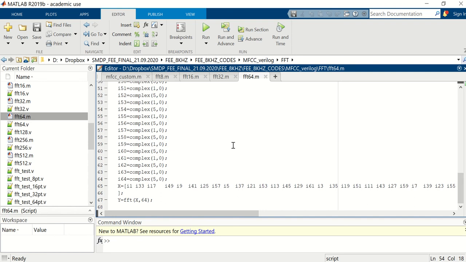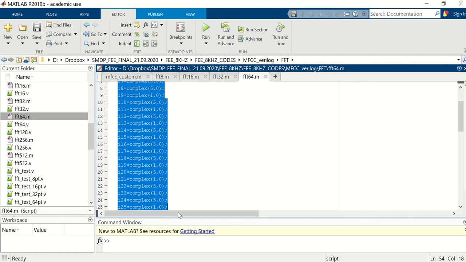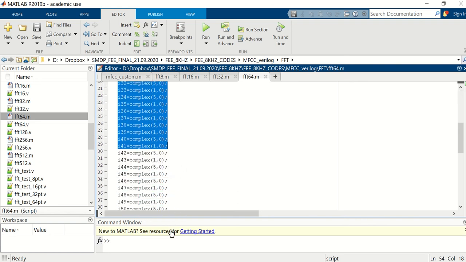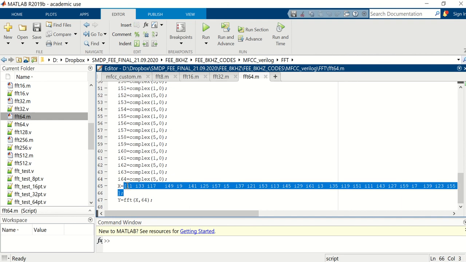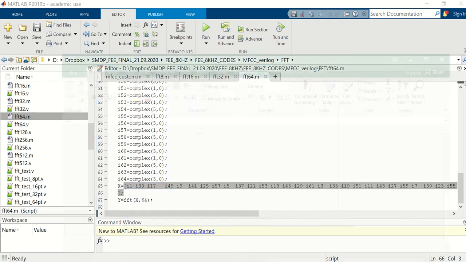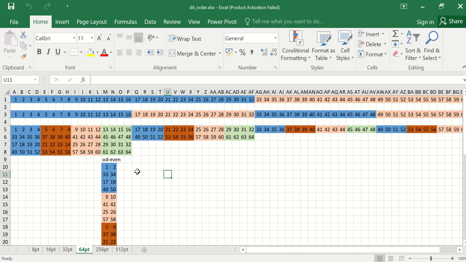So now let's see the correctness of this. I've given here the exact values which are taken as test bench vectors in Verilog, and coming to this order, why I've taken this order is that in decimation in time we have the inputs to be decimated based on the even half and odd half.